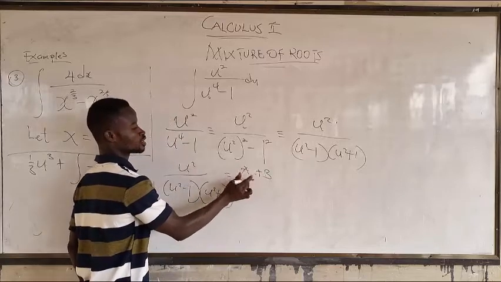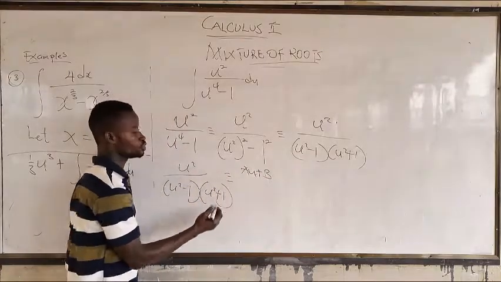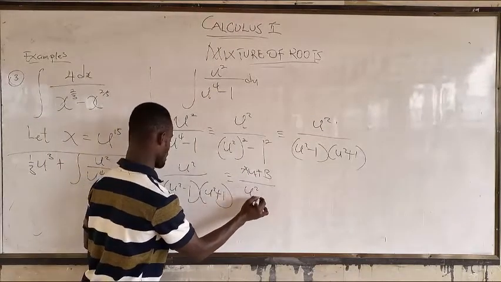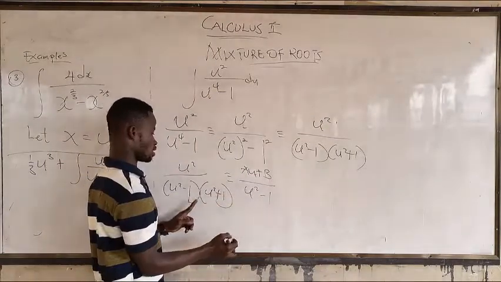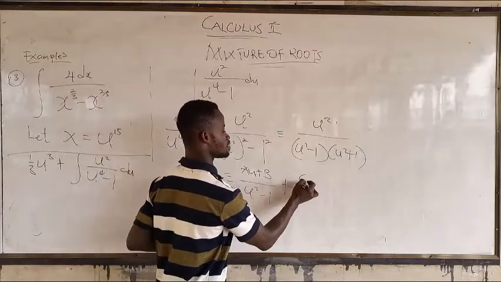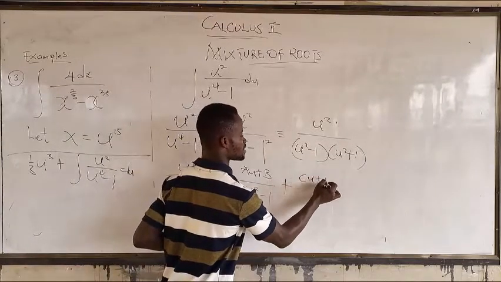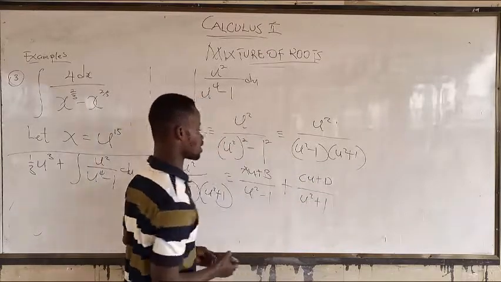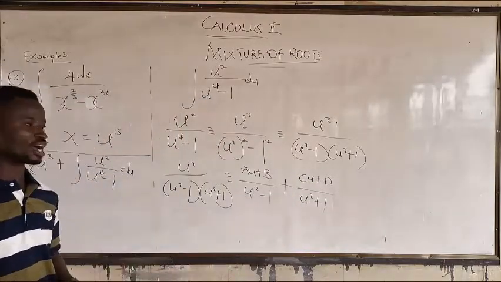Au plus b, sorry, it's not s but rather u because we are using u here. Au plus b over u square minus 1, plus cu plus d over u square plus 1. Hope you can see what we have.